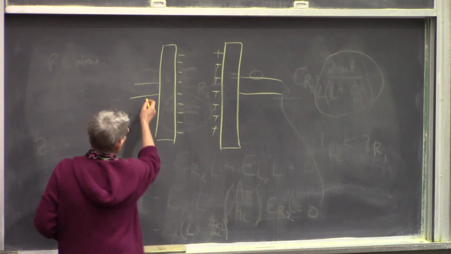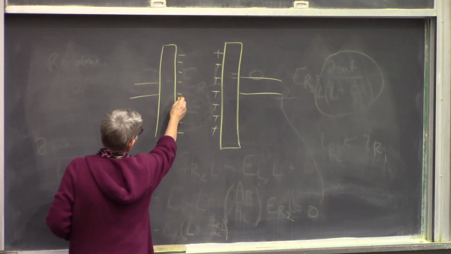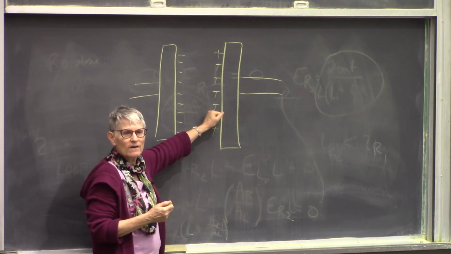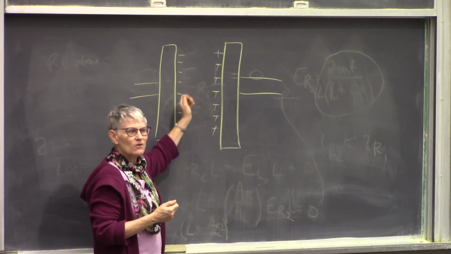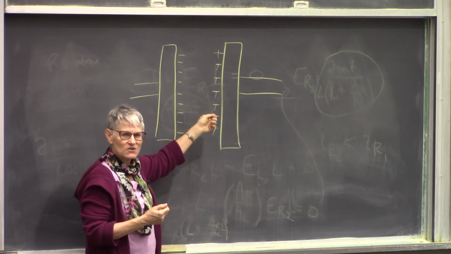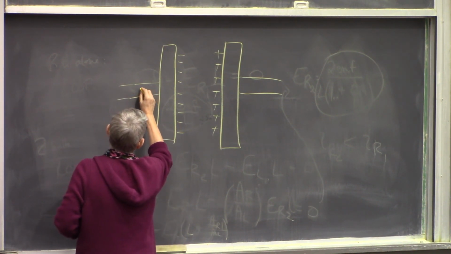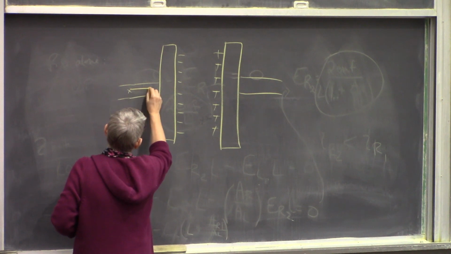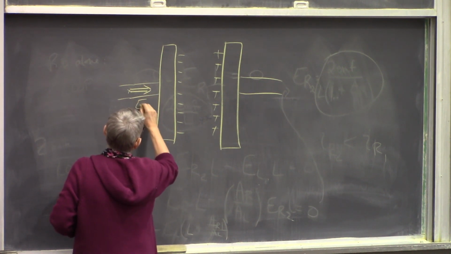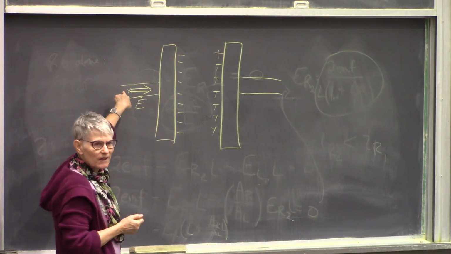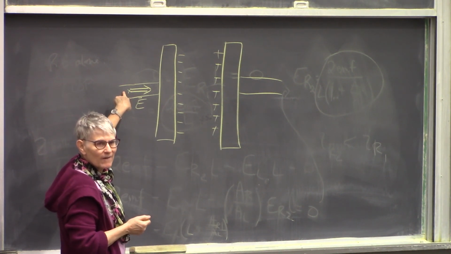But let's look inside the wire. Here are all these negative charges here, and there are indeed positive charges here. But they're a little bit different distances away, and so we really are going to get an electric field inside the wire that way. What's going to happen to an electron here inside the wire?